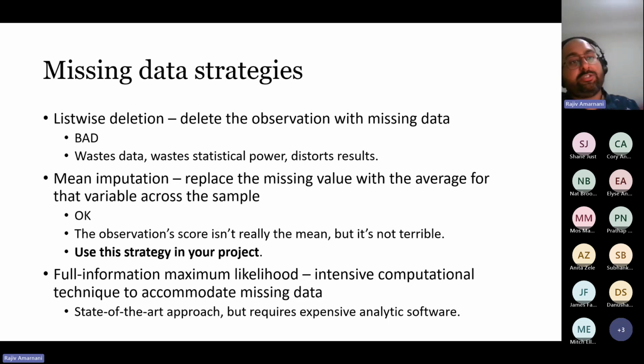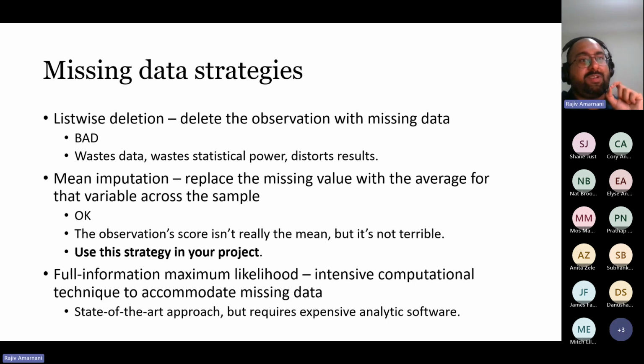And this is what I recommend you do for your project. So if you have missing data, put in the average. The exception is with the outcome. If you have missing data on your outcome variable, talk to me.